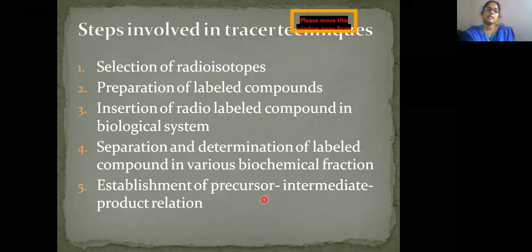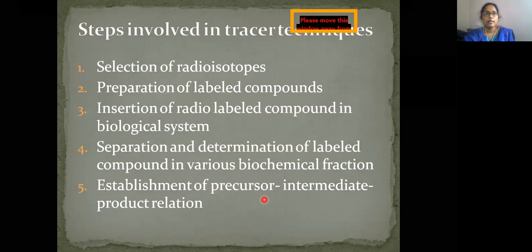The first one is selection of radioisotopes. In this step we select the radioisotopes based upon the physical and chemical properties of the compound to be labeled, the half-life, and the compatibility also.